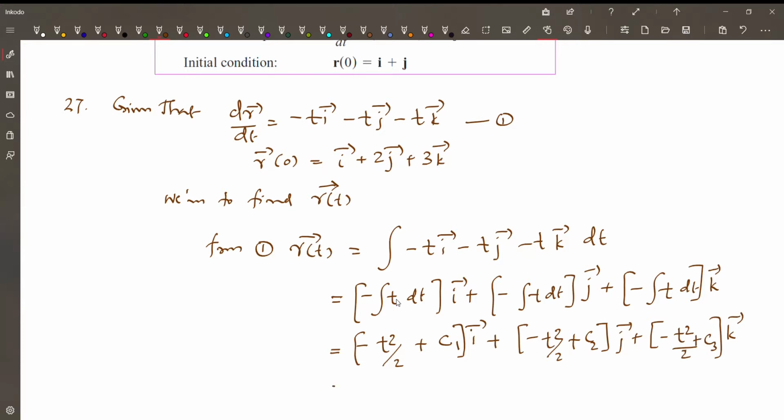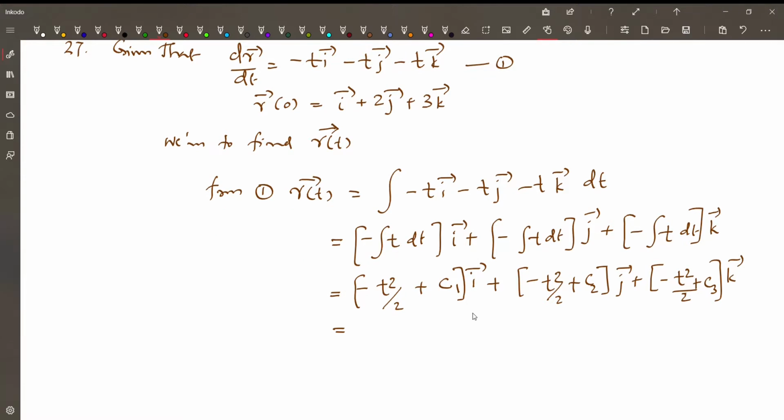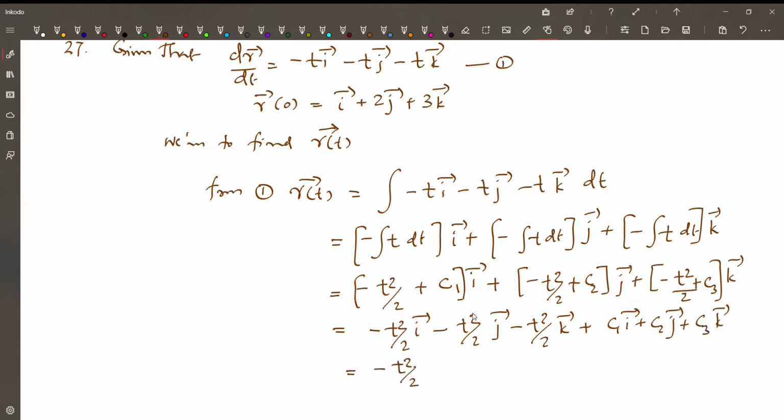So this is equal to minus t square by 2 i minus t square by 2 j minus t square by 2 k plus c1 i plus c2 j plus c3 k. This is equal to minus t square by 2 into i plus j plus k plus c1 i plus c2 j plus c3 k.